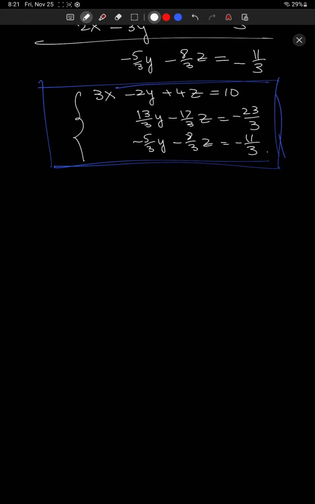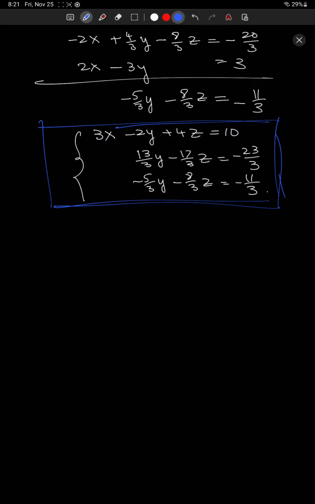All right, now that everything under the first term here is cleared, now we go to the second equation and clear everything under it. So that means, in particular, using this 13 over 3y to clear the minus 5 over 3y. All right, and again, you should probably pause and quickly think about how to do it, what you have to multiply to equation 2 in order to do this before I tell you.